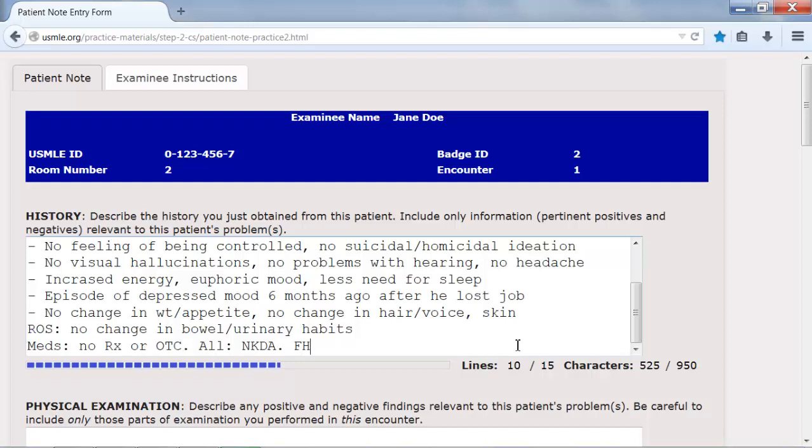And let's say this patient has family history of psychiatric disorder in his mother. This is the most difficult word: schizophrenia.